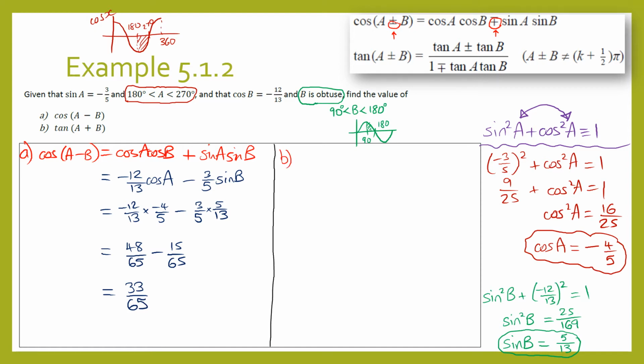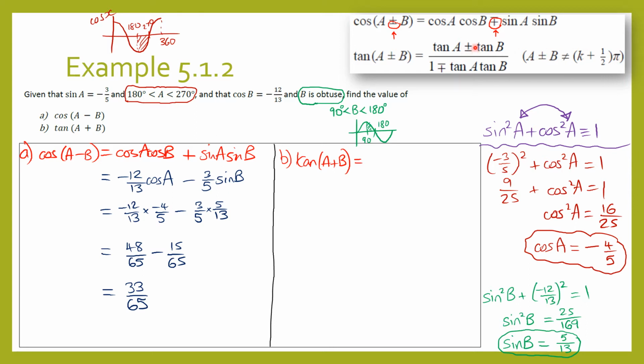Now for part B, we want tan of A plus B. So going back to the addition formula we've been given, tan of A plus B, that's the symbol on top this time. So every time we meet an option, we want the symbol on top. Just ignore this bit at the end.